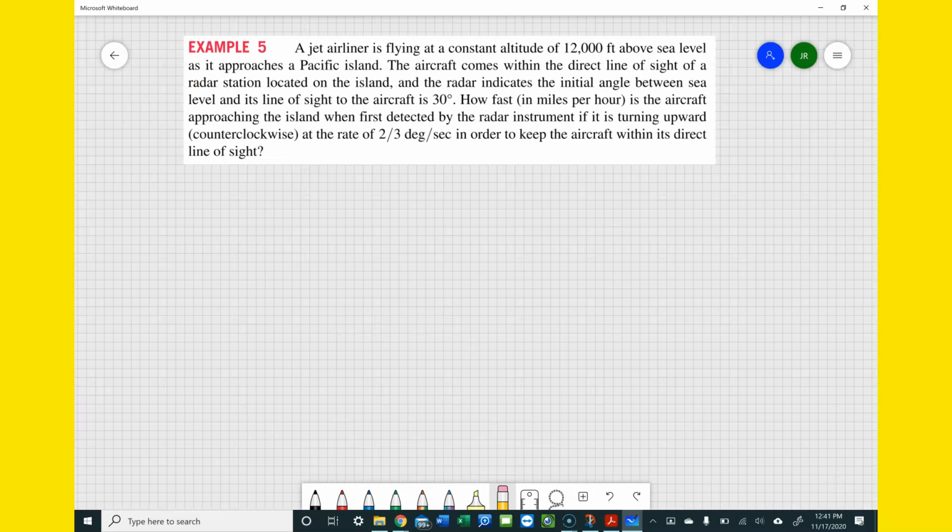All right, next example. I'm skipping example 4 from the book just because I thought it was a little bit more complicated than it needed to be. So we're going to go to example 5. A jet airliner is flying at a constant altitude of 12,000 feet above sea level as it approaches a Pacific island.